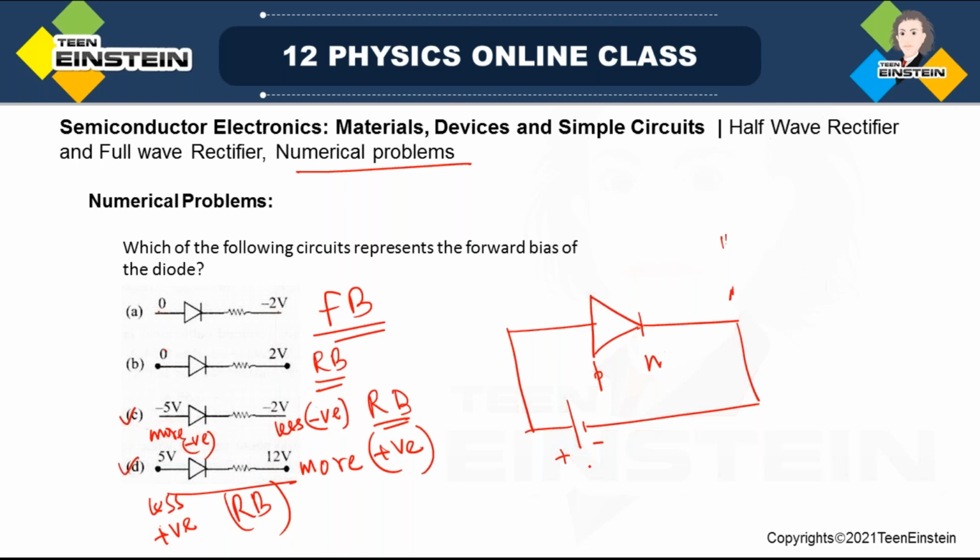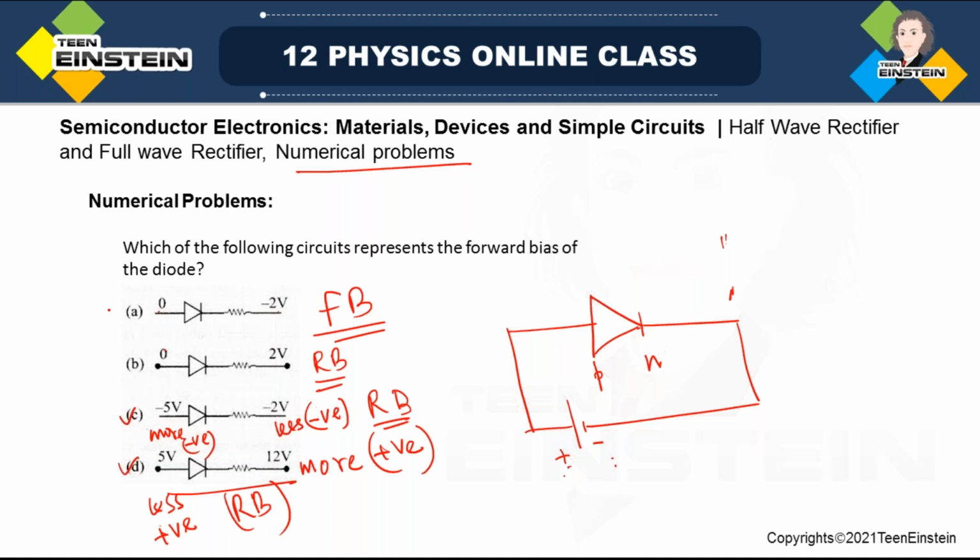I hope you have understood. When you have both positive and negative, or 0 and positive, or 0 and negative, you have to consider which one is more positive and which is less positive. If P is more positive than N, then it is forward bias. If P is more negative than N, then it is reverse bias.